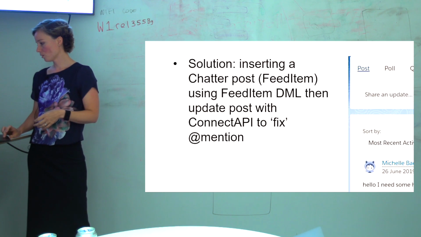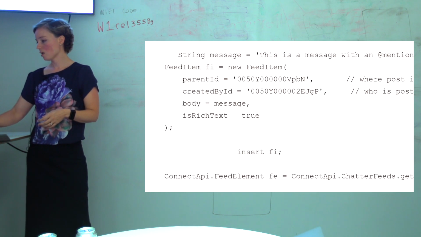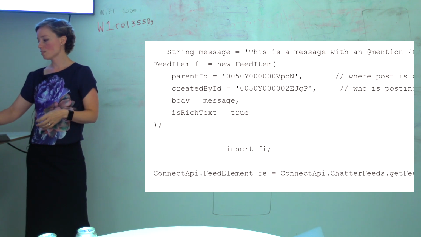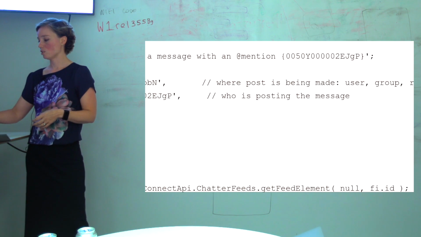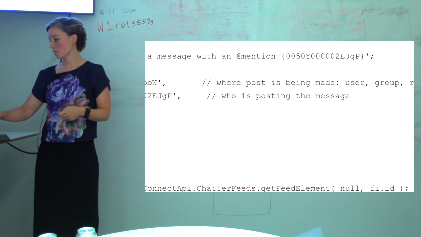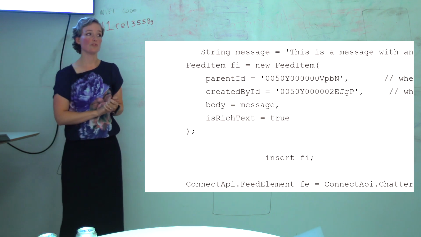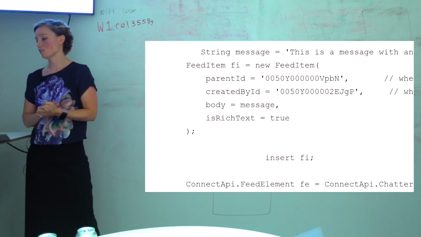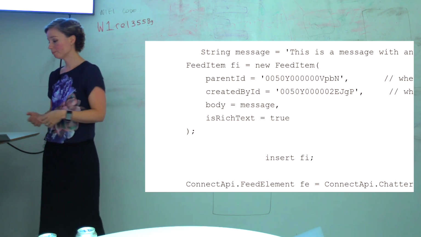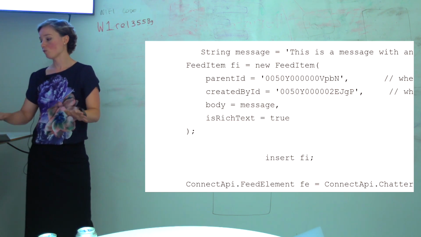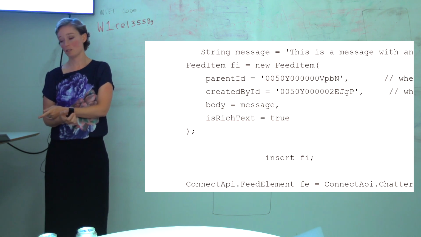So the way we're implementing it is as follows. We create our message, which is just a string with the at mention in it. Again, we use the squiggly brackets. First, we just create it as a normal feed item. So we construct our feed item here, and we insert it with normal DML. That's all fine, but the at mention won't work because it's not supported by the DML.